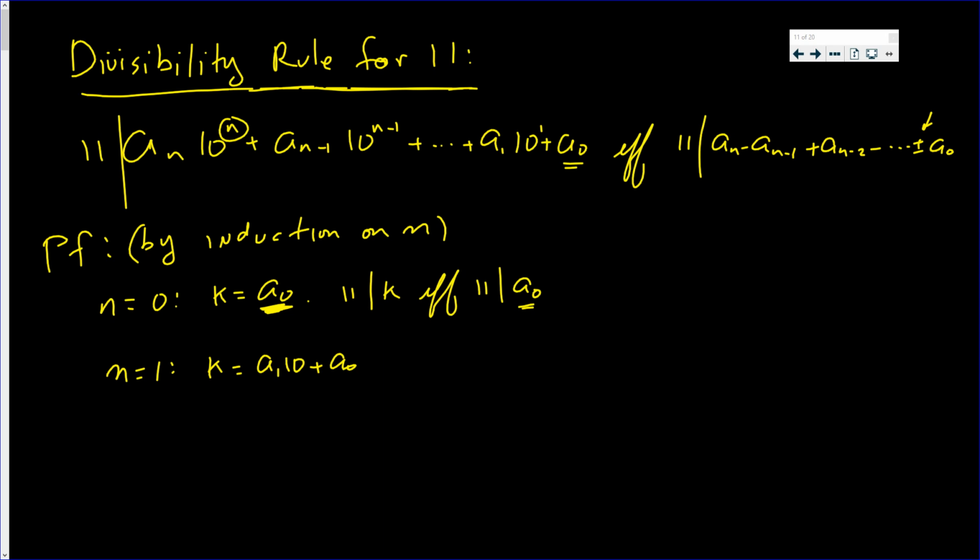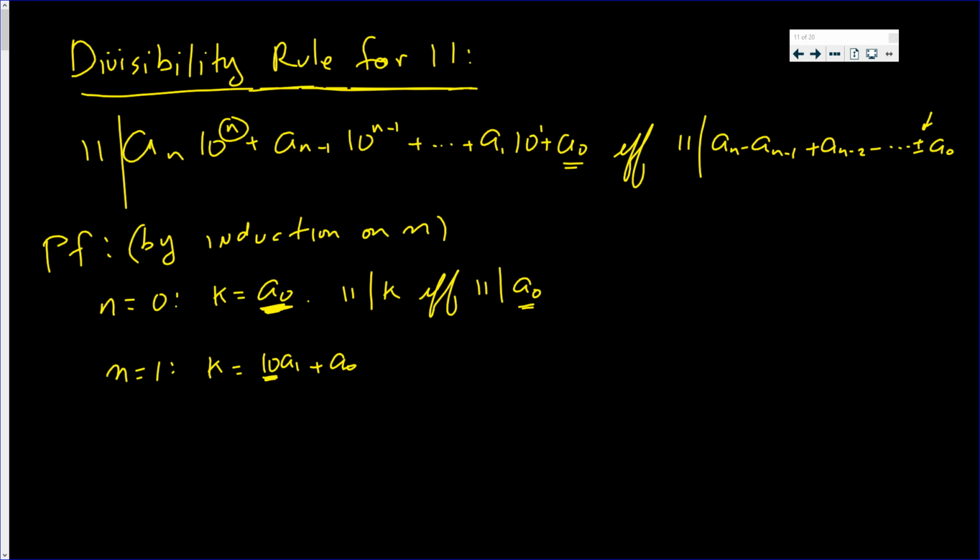But I'm going to rewrite this differently. First of all, instead of a1 times 10, how about just 10a1? Now, I want to find a multiple of 11 that's closest to 10. And that multiple of 11 will be 11.